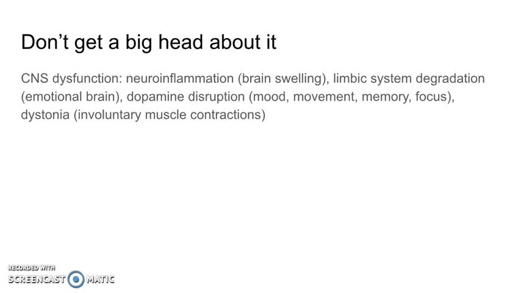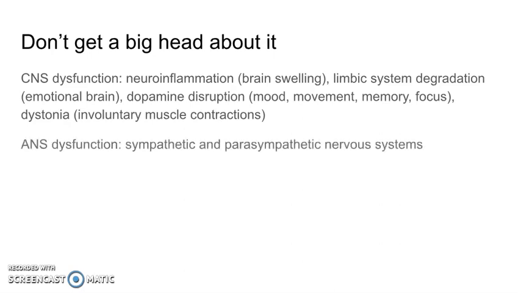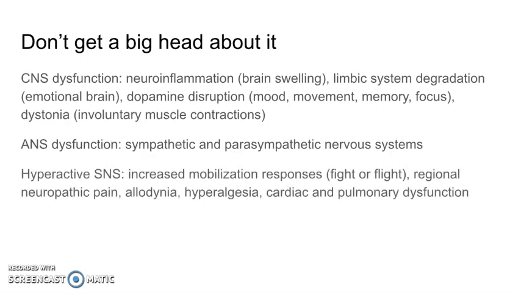Autonomic nervous system dysfunction really is a core aspect of CRPS and something that we have known for quite some time now. Autonomic nervous system is broken into two subcategories, majorly: your sympathetic and parasympathetic nervous system. What your autonomic nervous system dysfunction looks like is a hyperactive sympathetic nervous system.